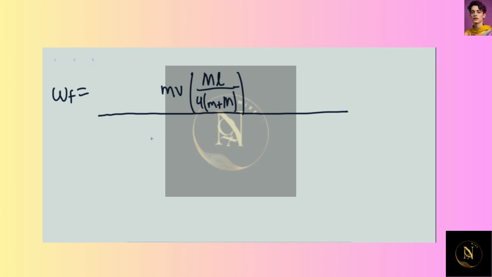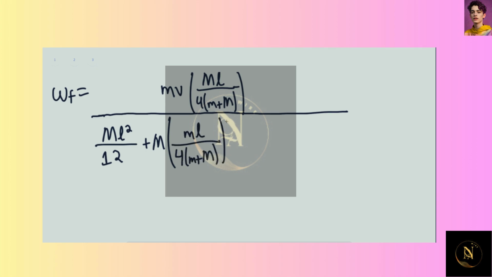And so we can then divide this by ML squared over 12. And then this would be plus M times mL over 4 times the sum of the masses quantity squared plus the mass of the clay multiplied by mL over 4 times the sum of the masses quantity squared.